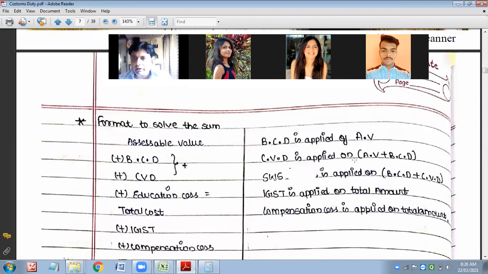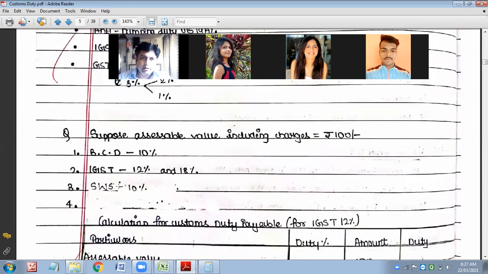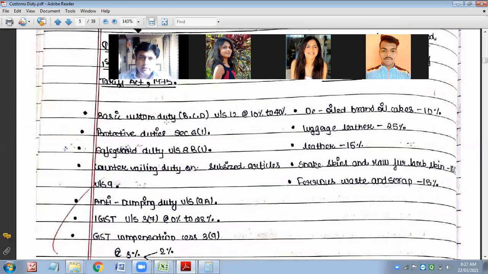CVD will be applied on assessable value plus basic. For now only this much is coming, but in further questions you will also get safeguard duty and quota duty. There are other kinds of custom duty which are applicable, as we have learned earlier. Custom duty has many parameters, right? Basic custom duty is the basic one.